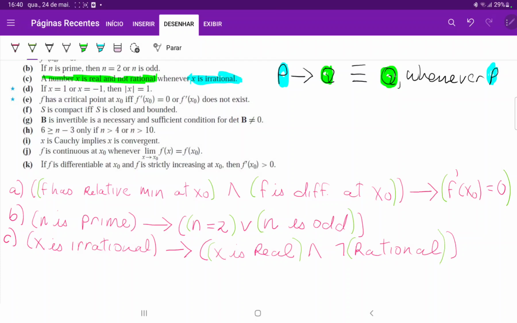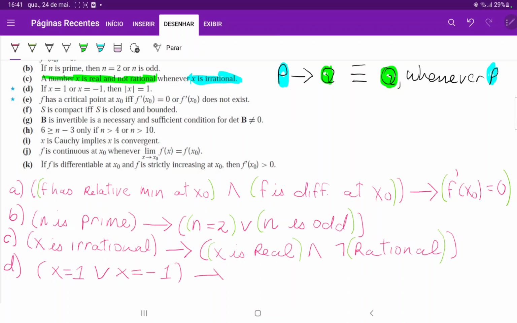So for D, let's see, x is irrational if x is real and not rational. Okay, cool. So for D, we have if x equals 1 or x is equal to -1, then absolute value of x is equal to 1. So we do have a conditional, right? So we'll open our parentheses because we have x equals 1, and then or, disjunction, x is equal to -1, right?